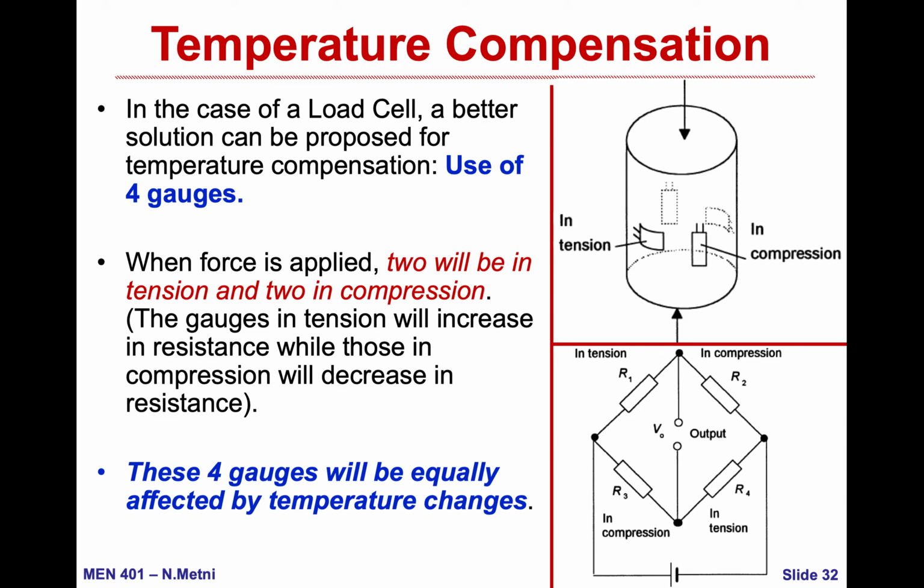So if I am in the control room and just checking my V output, I'm checking V output equal to zero. I don't even bother myself to see if there is a change in temperature, because all changes in temperature will be taken care of by the setting of the bridge, and the voltage output of the bridge will stay equal to zero.